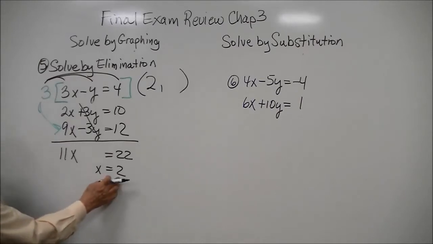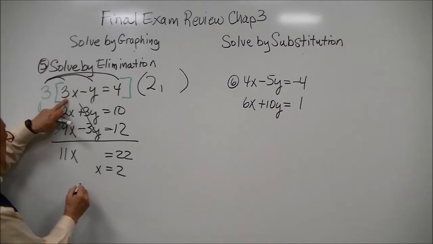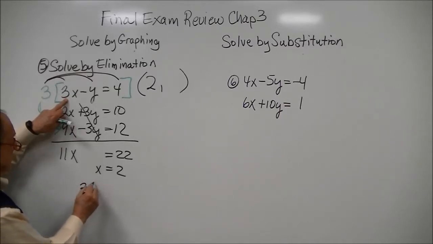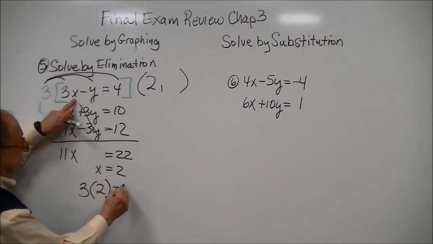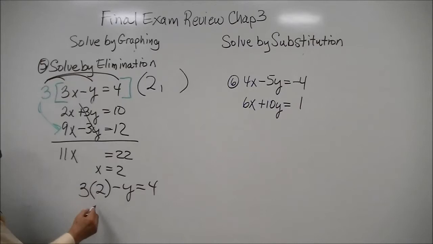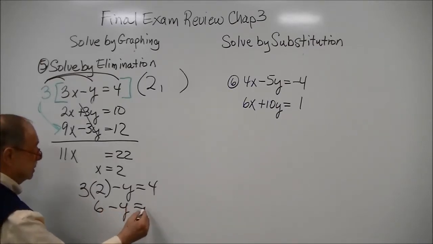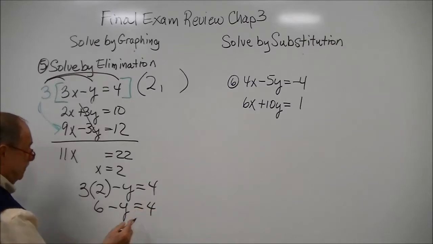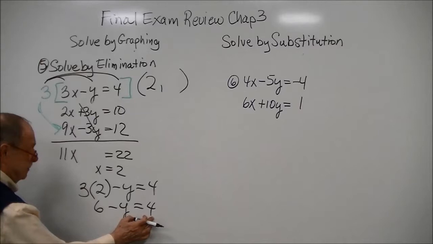We have our x is 2. So now we're going to go in here and go 3 times our x, which is 2, minus y equals 4. So this is going to be 6 minus y equals 4. I'm going to subtract 6 from both sides.